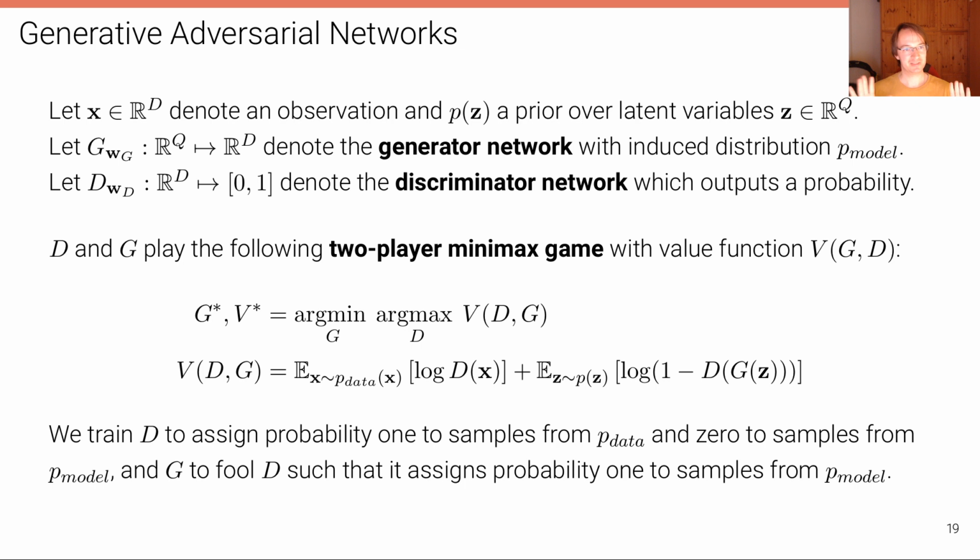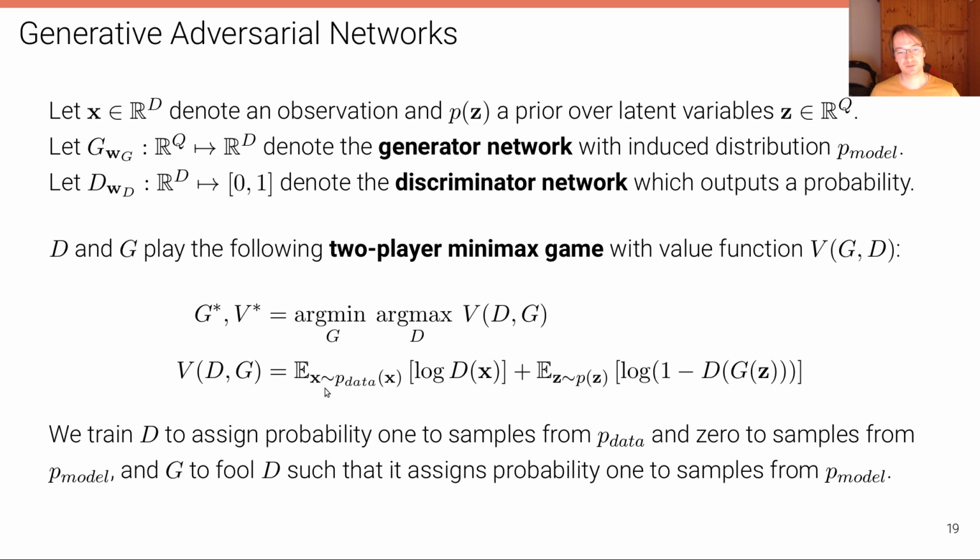Just to recap, this is a slide that we've seen in the beginning on how GANs are defined. We have a generator G and a discriminator D, and we have this two-player minimax game where we are minimizing over the generator and maximizing over the discriminator a value function.